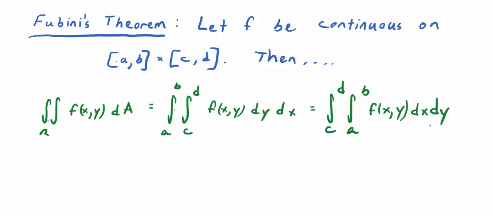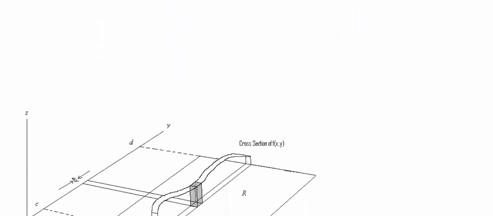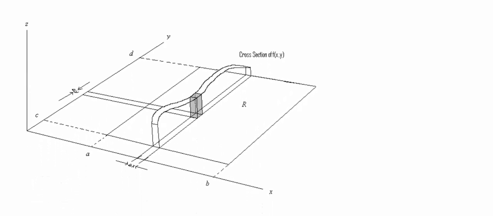It'll make more sense when we look at examples, but let me try and help you believe this. This would not be a formal proof or anything close to it. But let's say here's your c to d. So the xy plane, here's the y-axis, here's x.